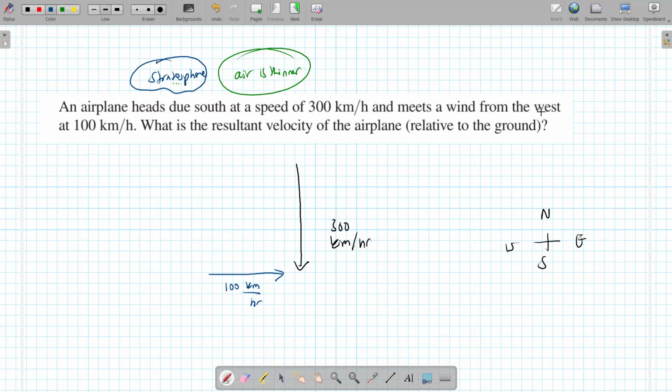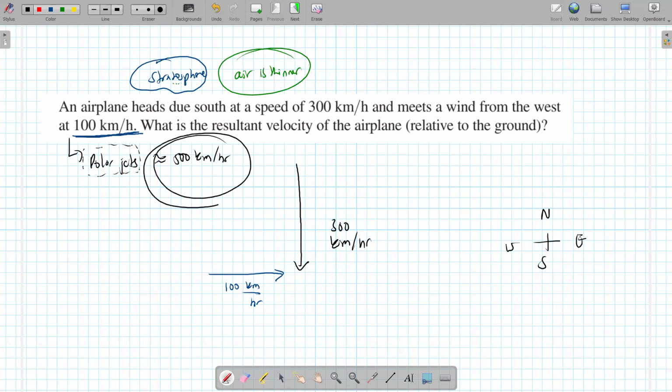You might be wondering, well, that's a very high wind speed, right? 100 kilometers per hour. This is actually not that much. Up there at those heights, you have something called polar jets. Maybe you can look into that later. These are super quick and can go up to 500 kilometers per hour.